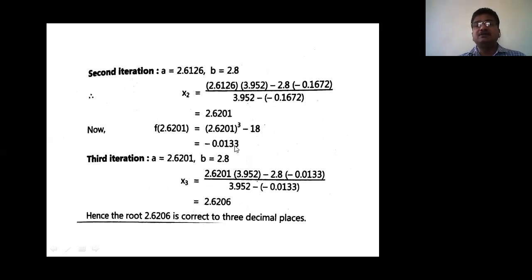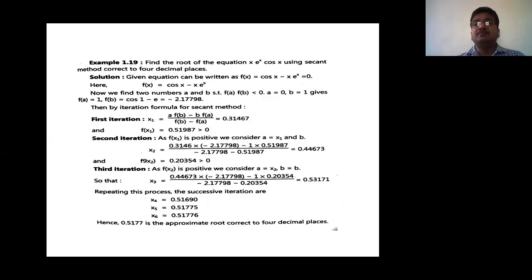The value at this point is again negative, and therefore the root lies between 2.6201 and 2.8, and then find the third iteration. The answer is correct up to 3 decimal places, so write the last sentence: the approximate root of the given equation is 2.6206.